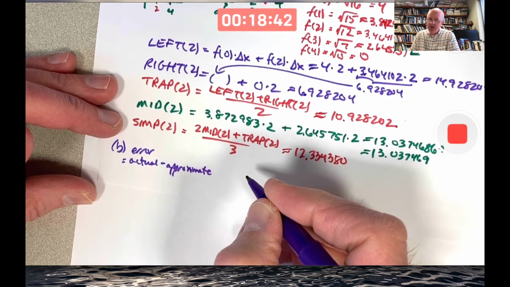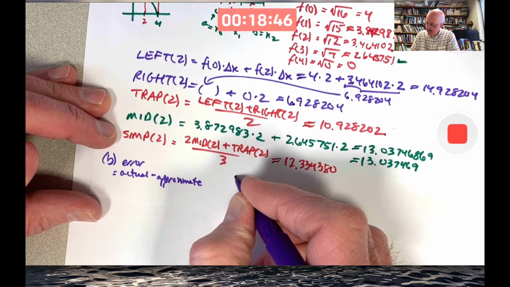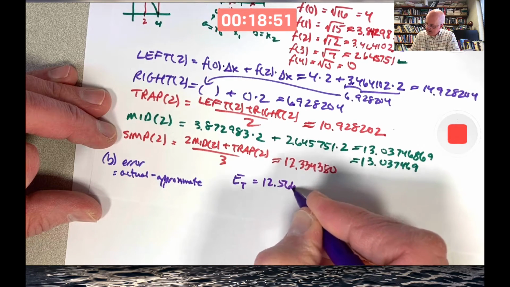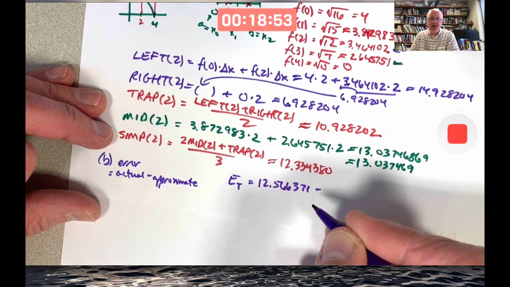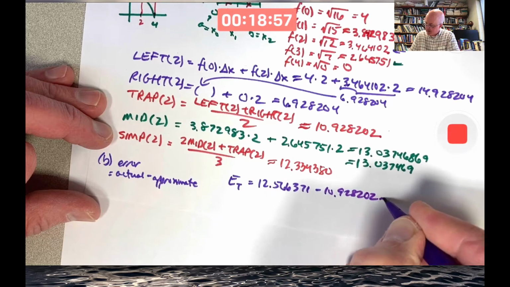So we're after the error, not for left and right rules, but for trap and mid and simps. So the error for the trapezoid rule is the actual value, 12.566371, minus the approximation from the trapezoid rule, 10.928202, and I'll just round that.